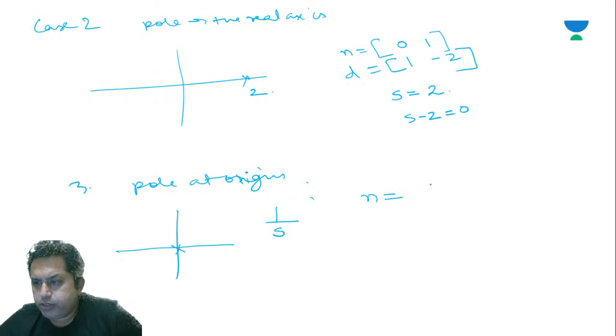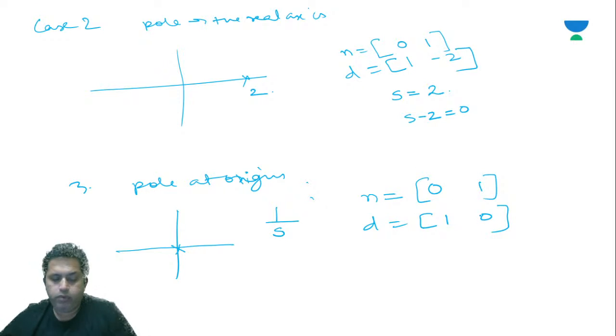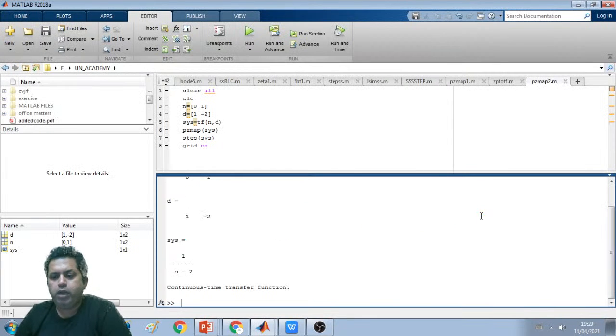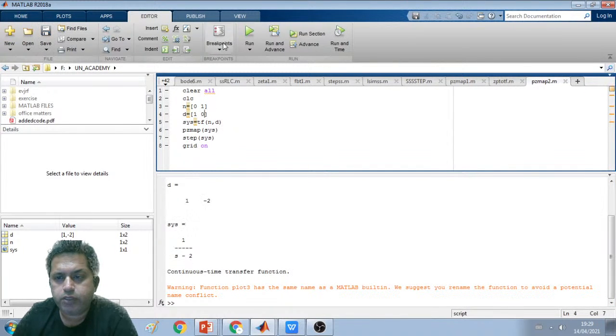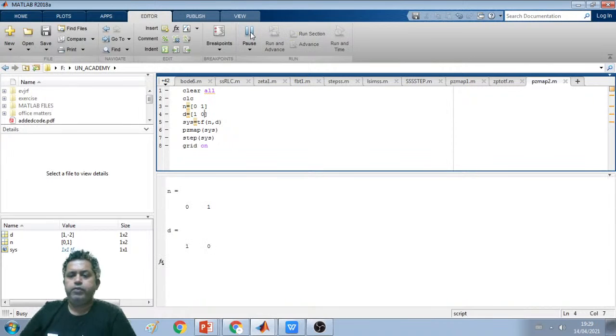That means the numerator is 0, 1 and the denominator is 1, 0. Save this and run this one.